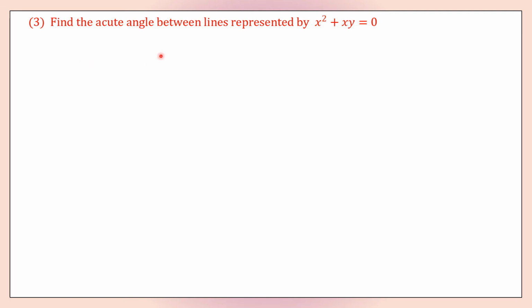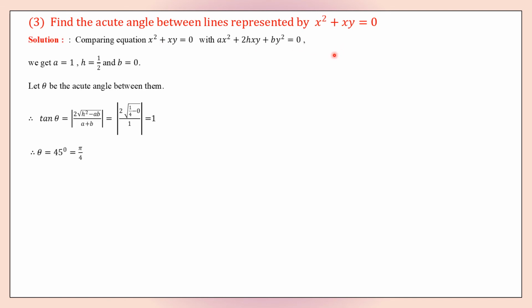Example 3. Find the acute angle between the lines x square plus xy equal to 0. We know the formula for the acute angle, that is tan theta equals the mod of 2 root of h square minus ab divided by a plus b. Comparing with the standard equation, put the values a, h and b and find the acute angle between these two lines. Solution.